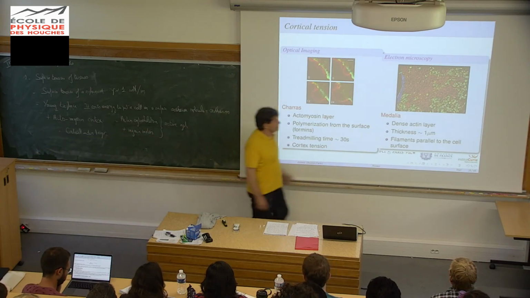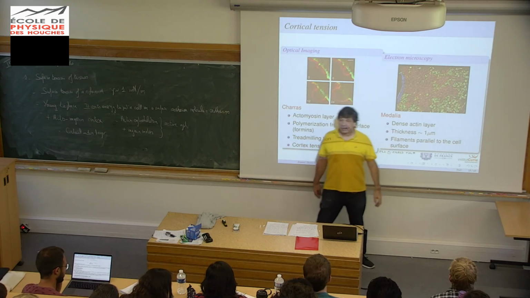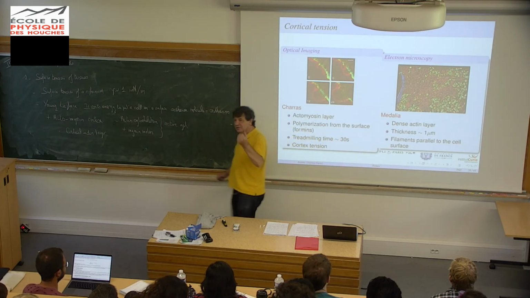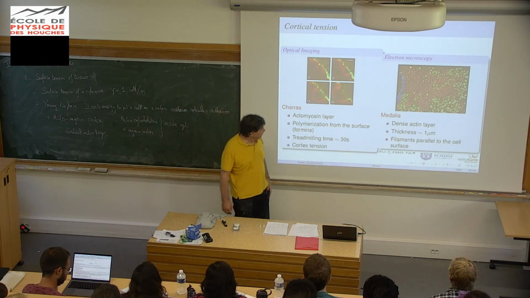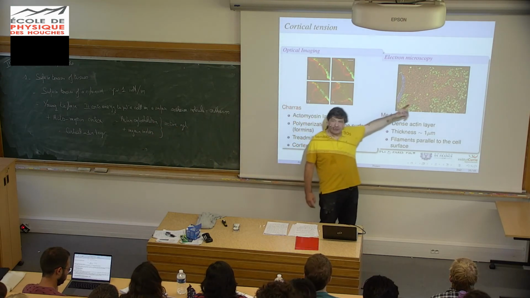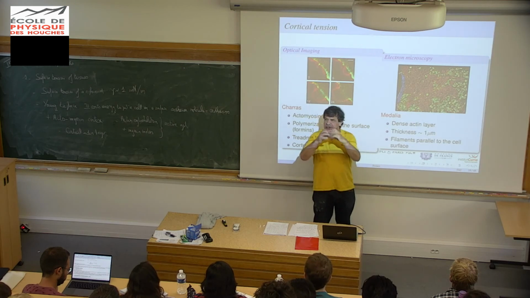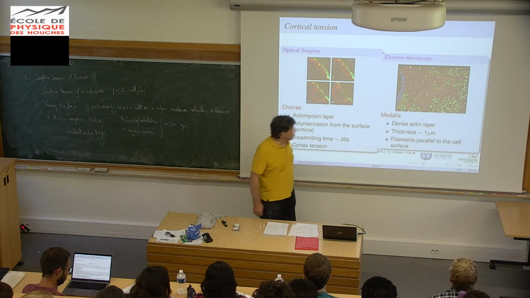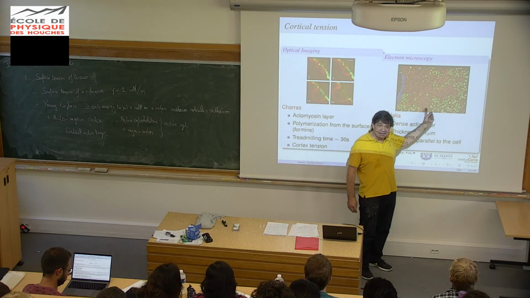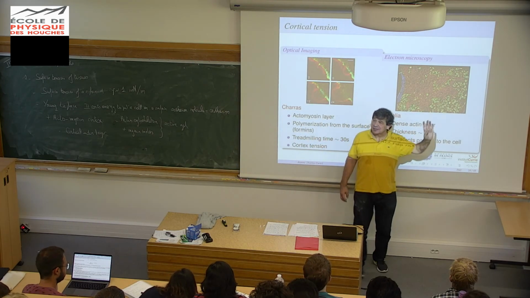But it's smaller than that. There are motors in this layer, and the motors create a tension, and this tension is the tension of the cell. This layer can become unstable, and if the layer becomes unstable, the shape of the cell starts to fluctuate or to oscillate in a weird way. But much of cell mechanics is due to this cortical layer of actin, which is close to the membrane of the cell.